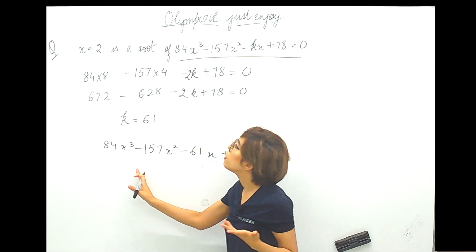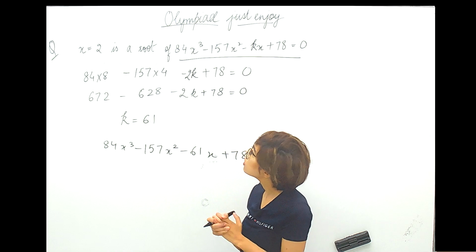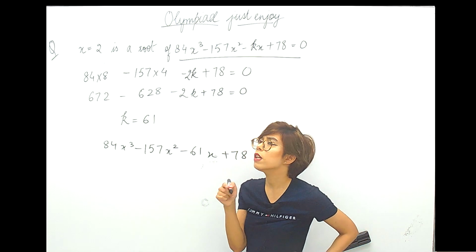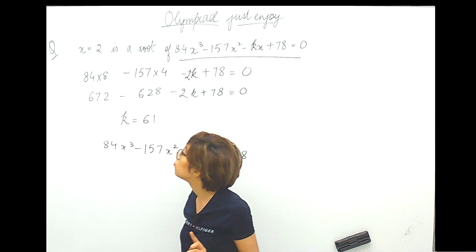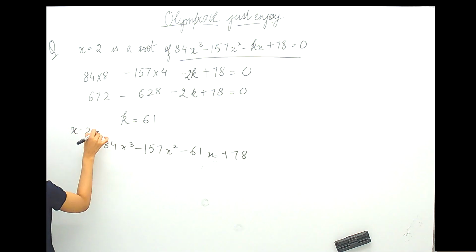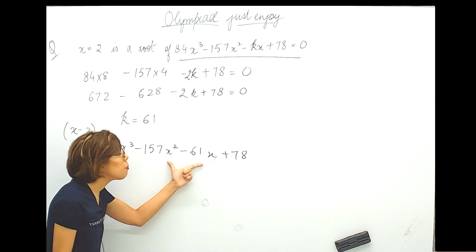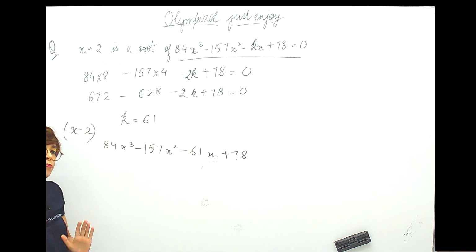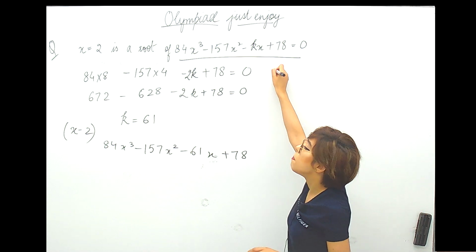Obviously, one of the roots is 2. अच्छा अगर x equal to 2 इसका root है, तो factor क्या होगा? x minus 2, right? So basically, I need to divide this polynomial by x minus 2. वो तो मैं easily divide कर सकती हूँ using the synthetic division method.